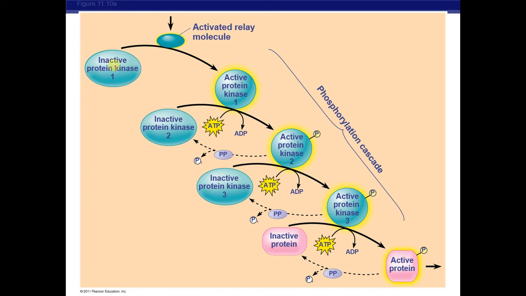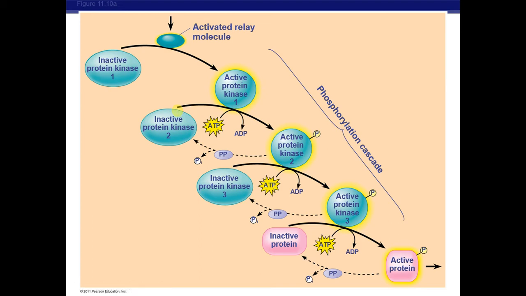These proteins are what are called protein kinases. And a protein kinase is something that phosphorylates, which means sticks a phosphate group, that's what this P represents, onto another molecule.